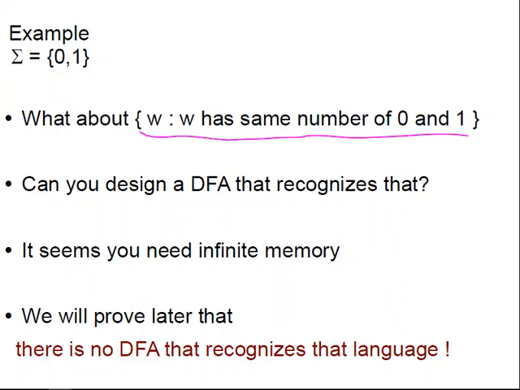And indeed, we're going to prove later that there is no DFA that recognizes that language. Here is an example of something which is impossible by DFAs, and impossibility results are an extremely important aspect of the theory of computation.